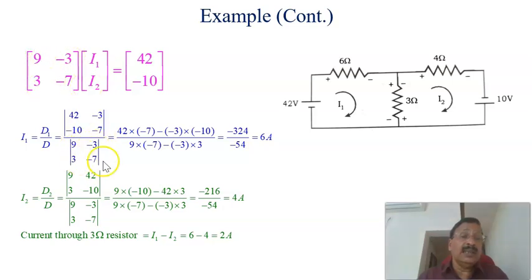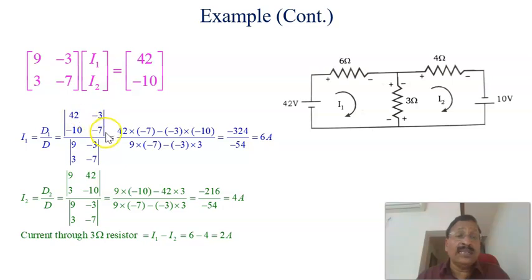To get D1, you replace the first column by the voltage vector 42, minus 10, keeping minus 3, minus 7. Take the ratio of D1 to D.